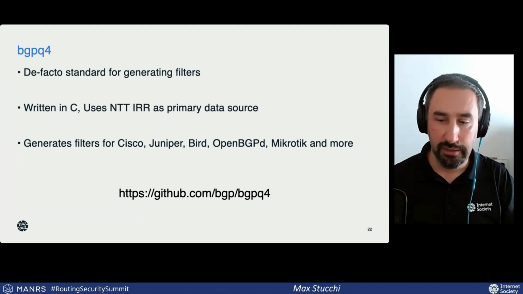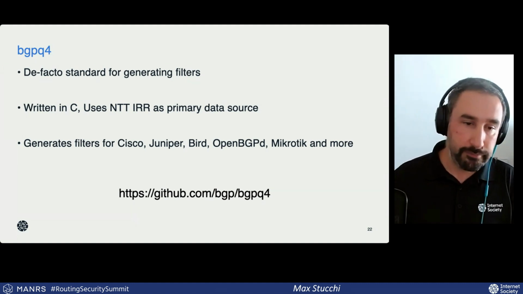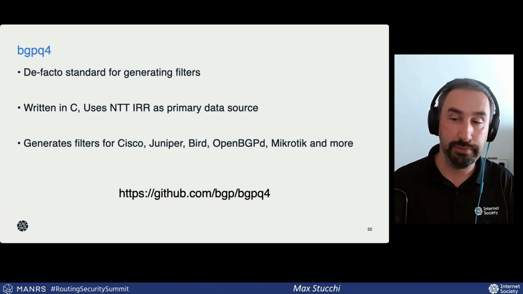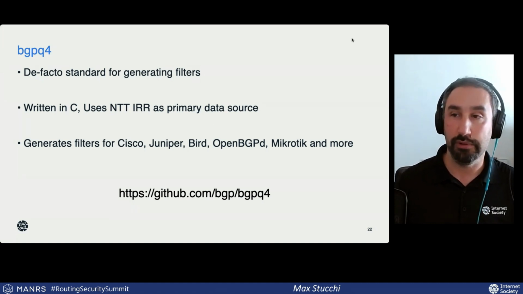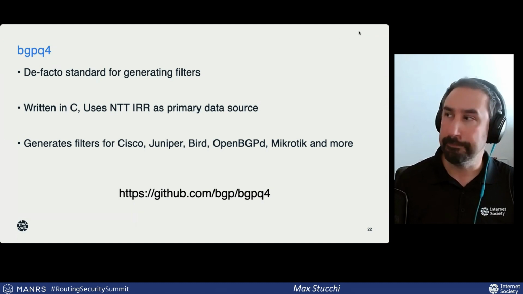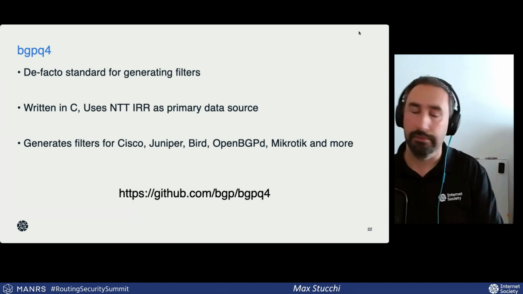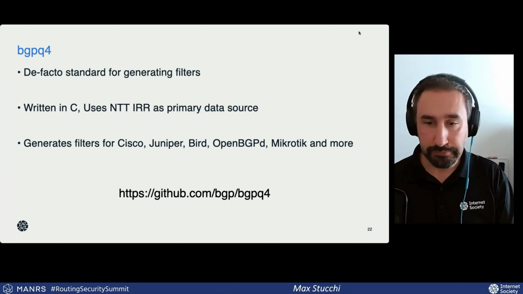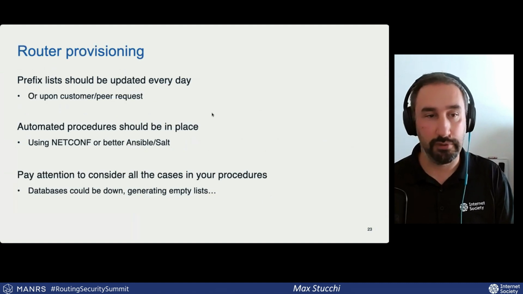So it's fine. And as I said, Cisco, Juniper, Bird, OpenBGPD, MikroTik, they're all supported. There is also Nokia, and many others. FRR as well. So you can use it for anything.